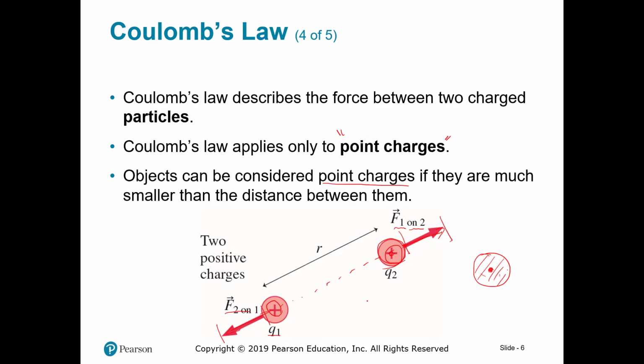And then of course F1 on 2 equals F2 on 1, which equals K times Q1 Q2 divided by R squared, assuming they are all positive numbers here, right? That's Coulomb's law, very straightforward and very simple.